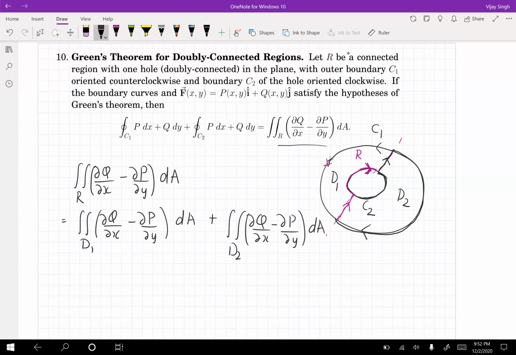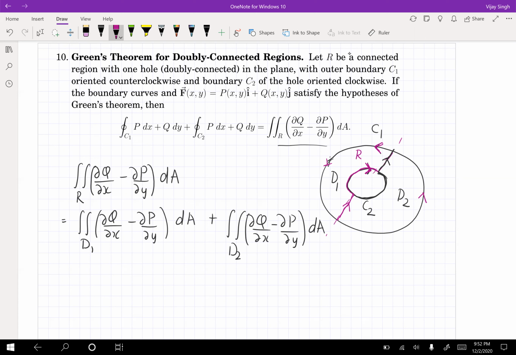Now what we need to do is, so orientation has to be proper, right? The original region was oriented counterclockwise. So here also it's counterclockwise.